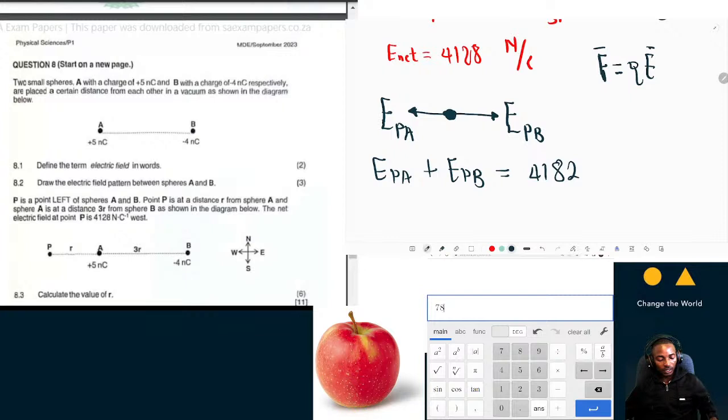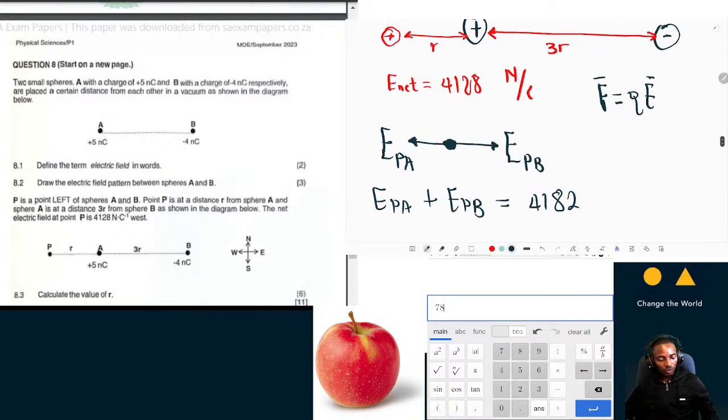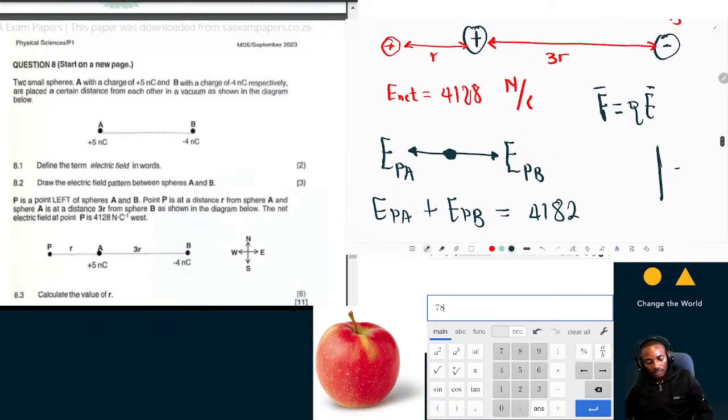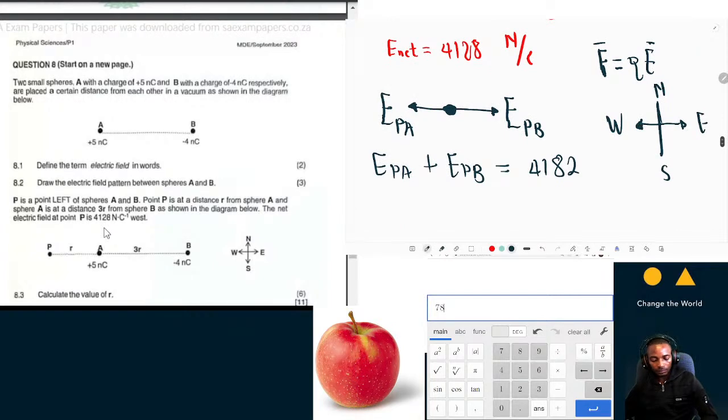4128. We're given the directions here. So this is east, this is west, this is north, and this is south. I'm going to take this direction as positive, then this direction as negative. Since the net electric field is to the west, it's going to be positive.